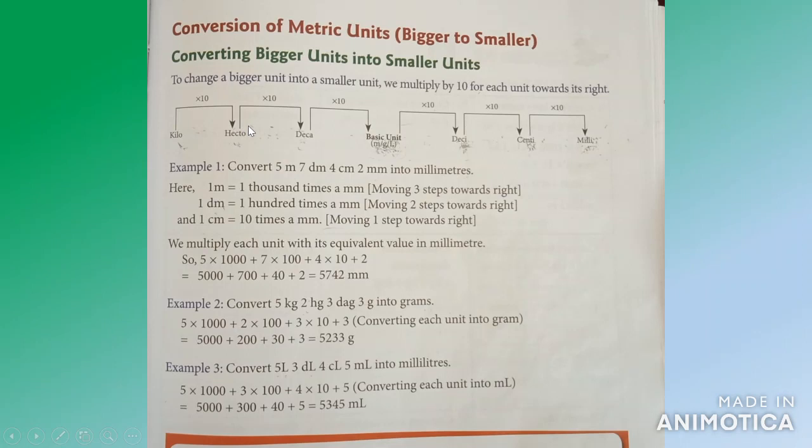From here we have to convert into centimeters. You see the distance here. How many tens are there in between? 1, 2, 3, 4. So what we have to multiply by? 4 times 10, so it is 10,000. Alright.